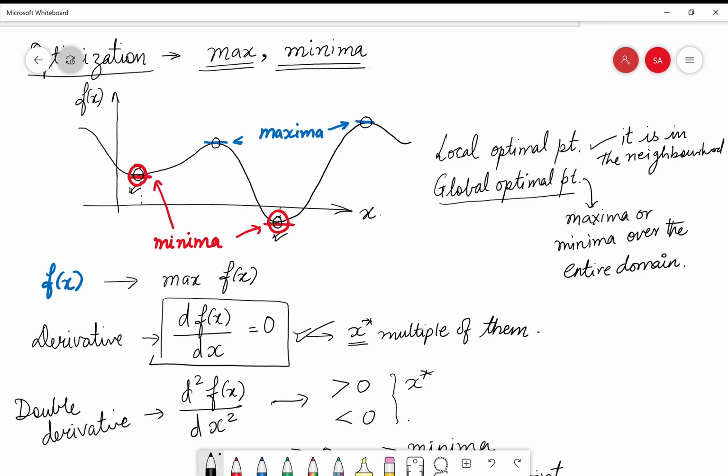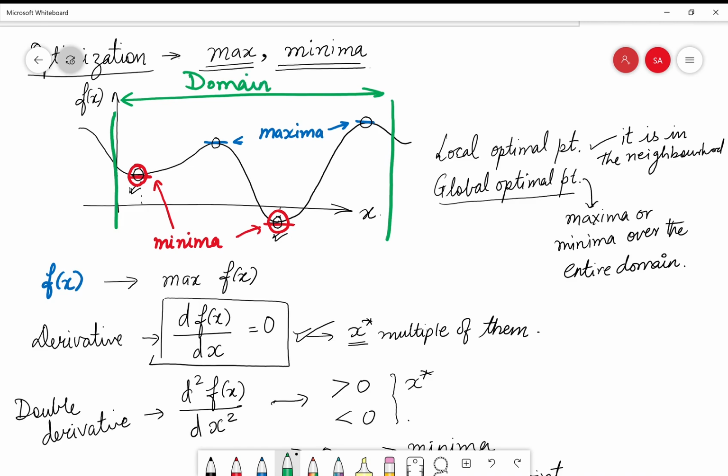I have not drawn the graph fully, but let's say I make this my domain of interest.